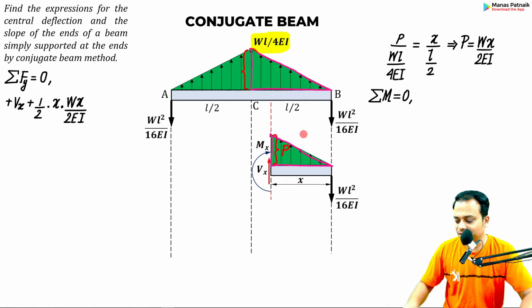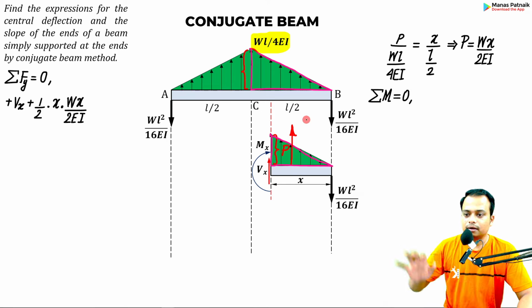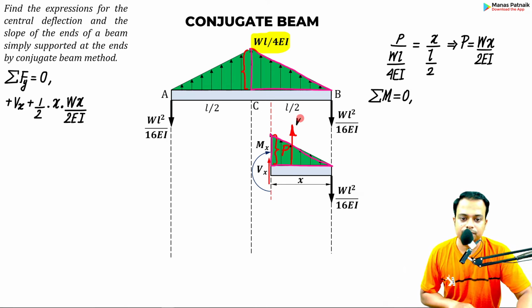If I replace this entire green color load with a single point load, it would look something like this. That is Wx square upon 4EI.